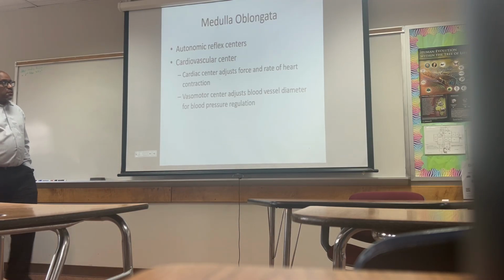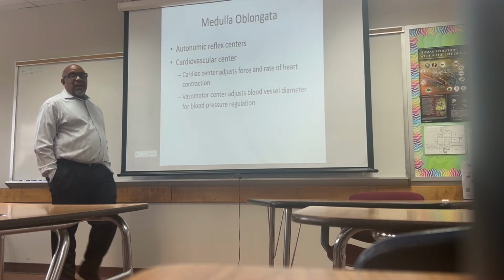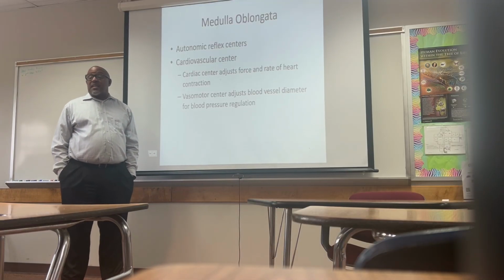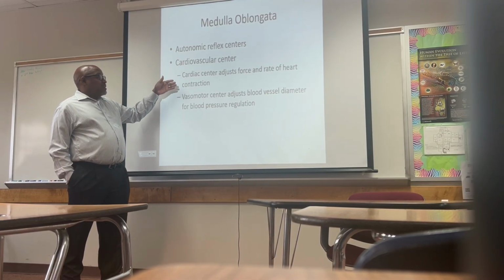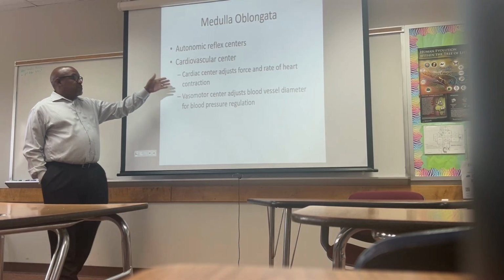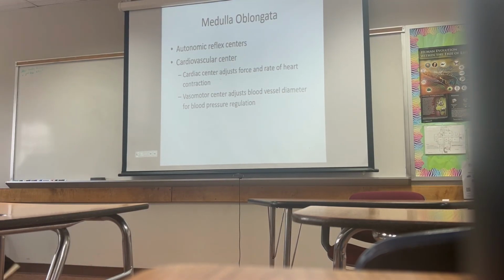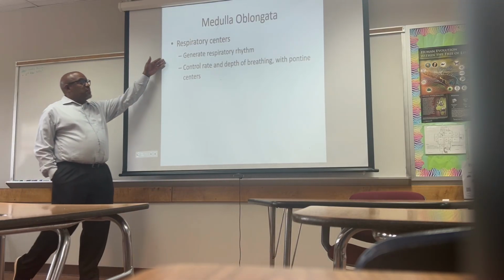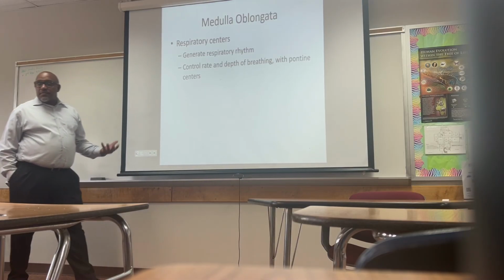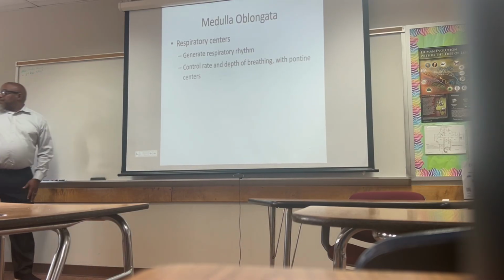In fact, your whole brainstem covers your basic life functions, like your heart rate, your vasomotor center controlling blood vessels, breathing, all of this is in your brain stem, okay?